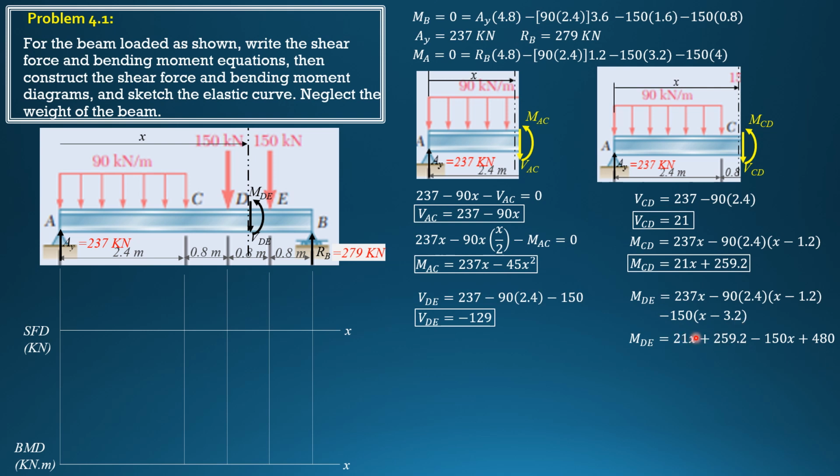So preceding moment in the preceding section plus or minus the moment of the new load within that segment, within that free body diagram in that segment. So MDE is negative 129x plus 739.2, which is a straight line with negative slope, so it is going downward. That's the function. Then finally, for portion EB.